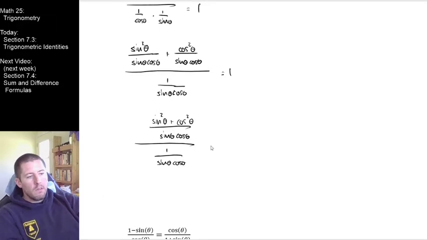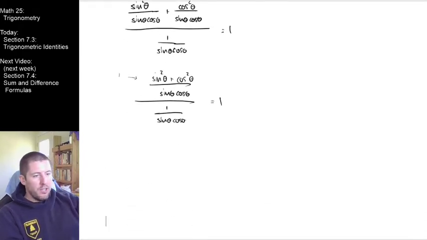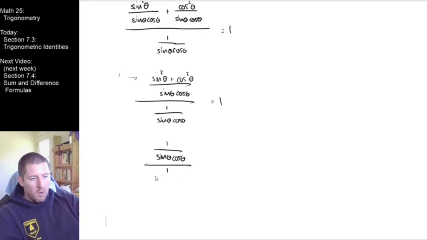It looks like that's just 1 right there. And so it looks like I am reducing myself down to 1 over sine theta cosine theta over 1 over sine theta cosine theta.